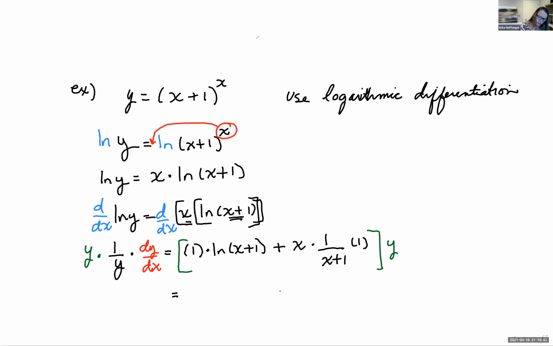So we would get the derivative here, dy dx, on the left-hand side is equal to, I'm going to have brackets, natural log of x plus 1, plus, I can rewrite this as one fraction, x all over x plus 1, all times y.